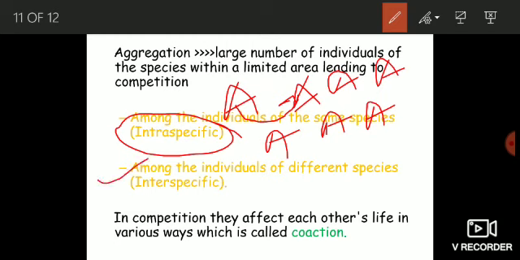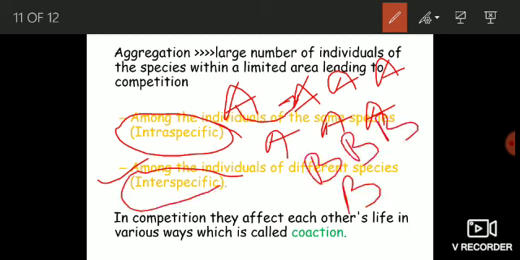The second type of competition is known as interspecific competition. In the same area you may have individuals of species B, and if competition takes place between individual A and individual B, this is known as interspecific competition. As a consequence of competition, the individuals affect each other's life in various ways.